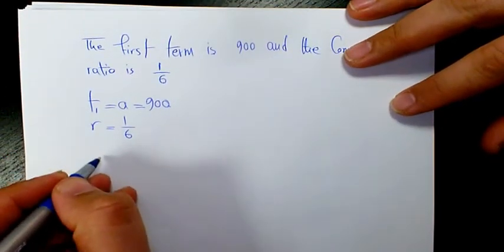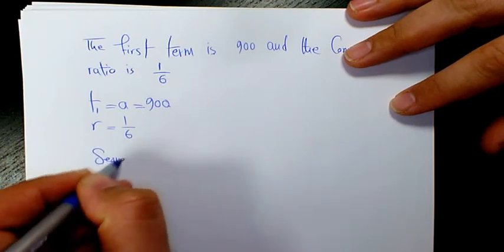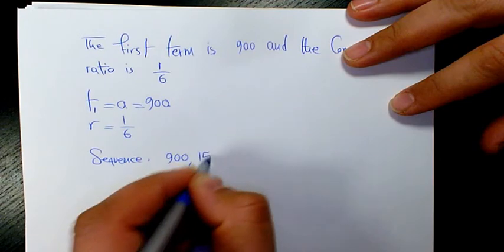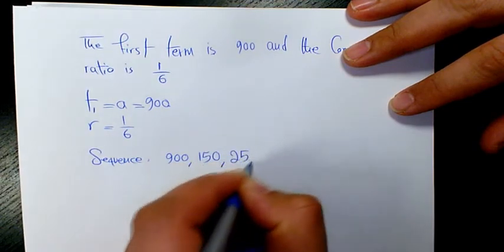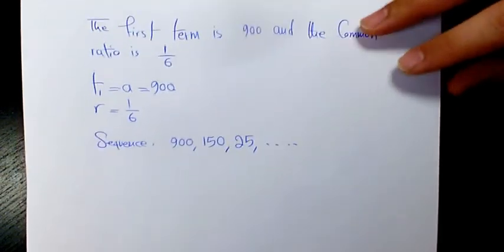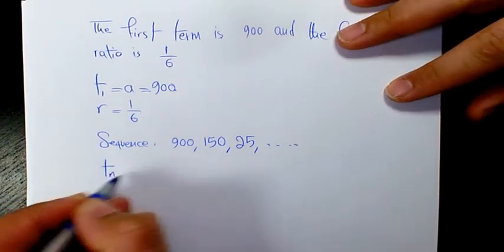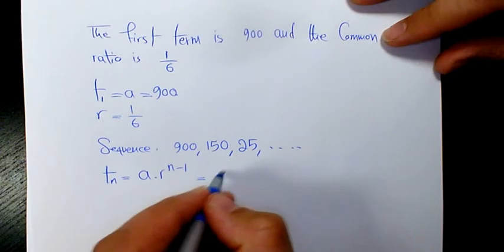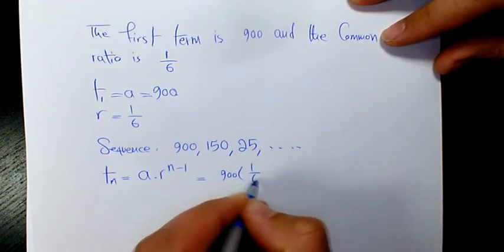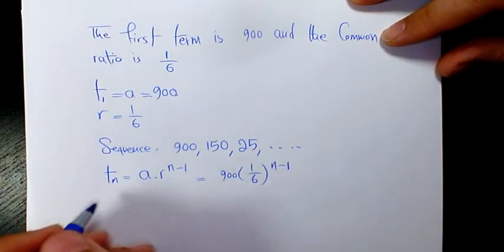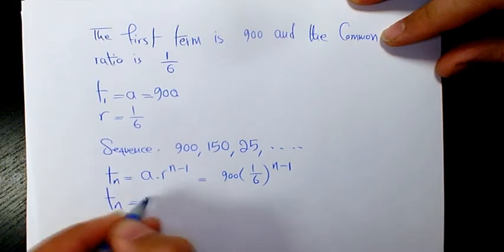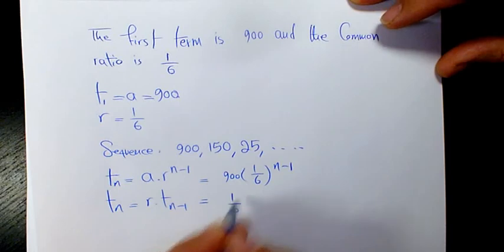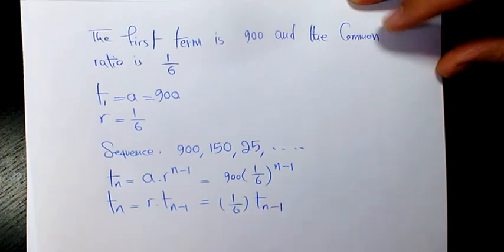So the sequence is going to be something like that: 900, 150, 25, and so on. So we have Tn equals A times r to the power of n minus 1, which is 900 times 1/6 to the power of n minus 1. Tn equals r times Tn minus 1. r is 1/6 times Tn minus 1.